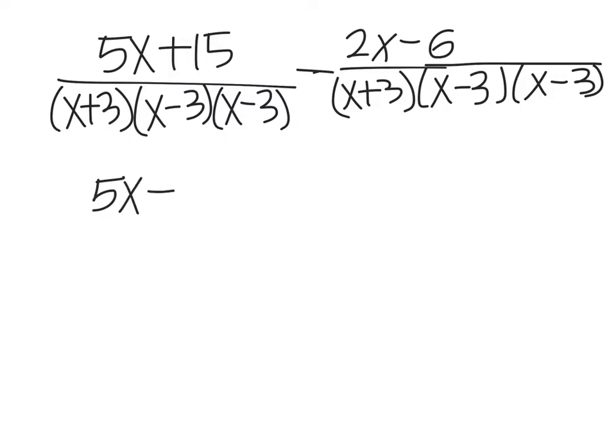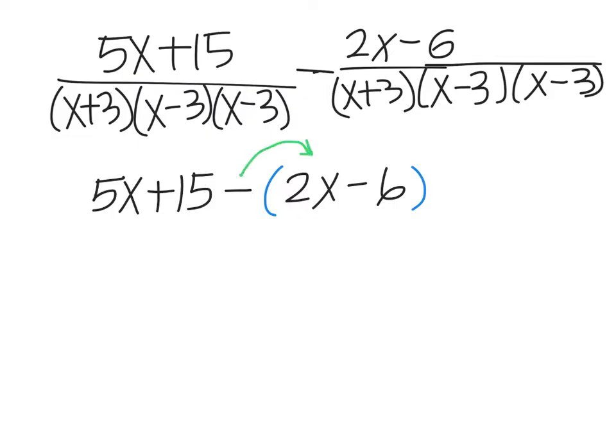5x plus 15 minus, and this is very important, we're going to open up a set of parentheses. We've got 2x minus 6. We're going to close up that parentheses. The reason that it's so important that we include parentheses is because this negative is going to apply both to that 2x and to that negative 6.